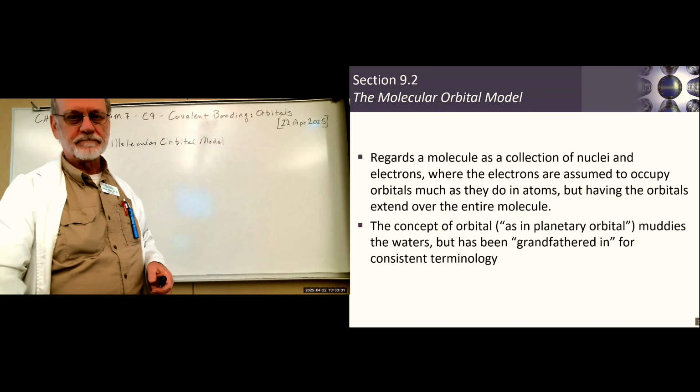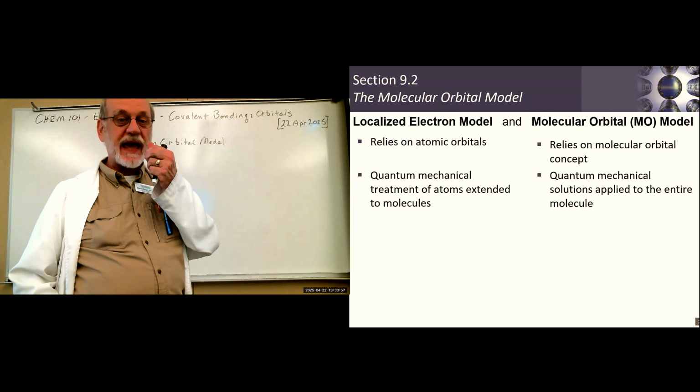All right, so here's a side by side, the difference between the two. The localized electron model relies on atomic orbitals only. Molecular orbital theory creates new molecular orbitals. We still treat the bonding in a quantum mechanical fashion.